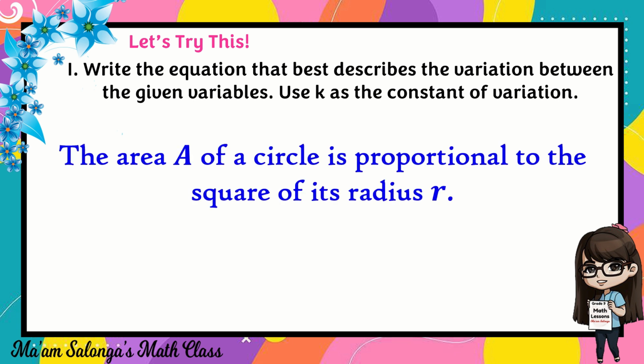Next example, the area of a circle is proportional to the square of its radius. Take note, area is denoted by A and radius is denoted by r, and that is the square of its radius. So if we translate it into a mathematical equation, we have A equals kr squared.